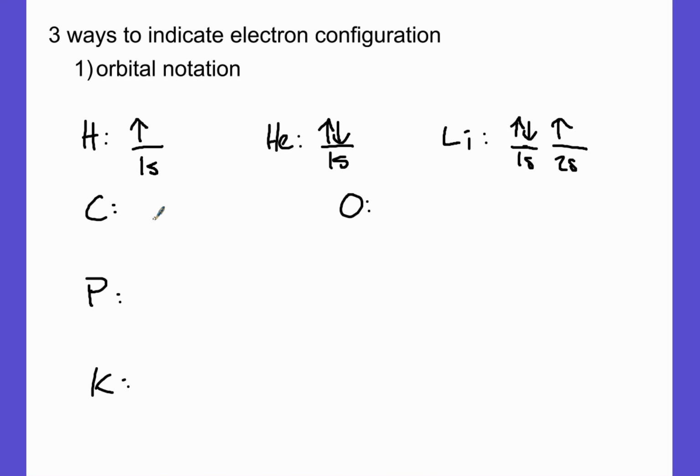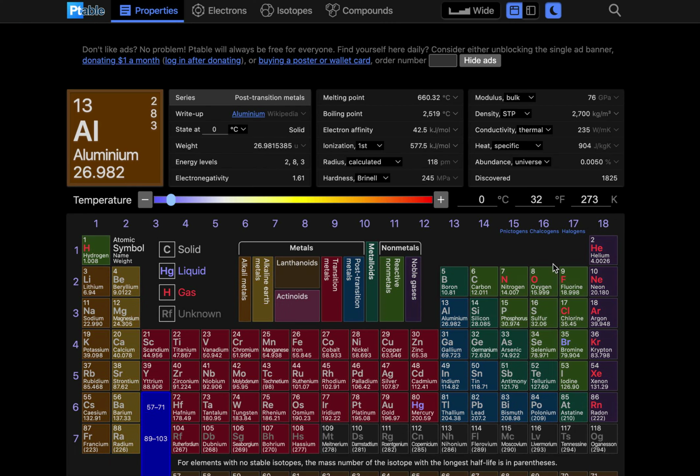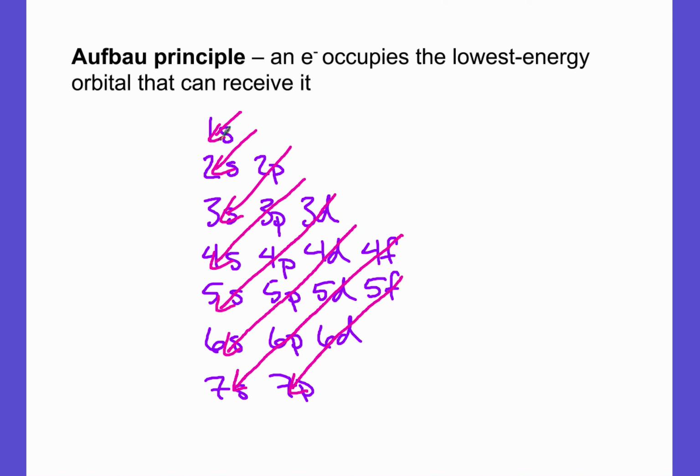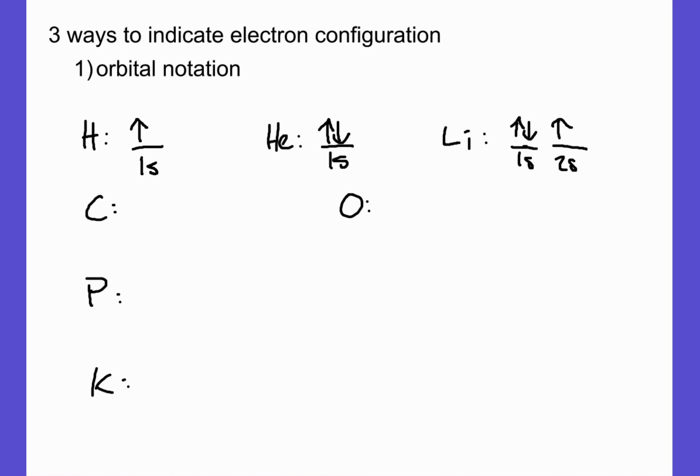Carbon, though, is in the p block over here in the second energy level. And after 2s, keep having to go back and forth, is 2p. So when I'm taking care of carbon here, I have a 1s to fill, I have a 2s to fill, and then I'm into p, so I have to draw 3 orbitals for p. That's what you're going to have to do for p sublevels.